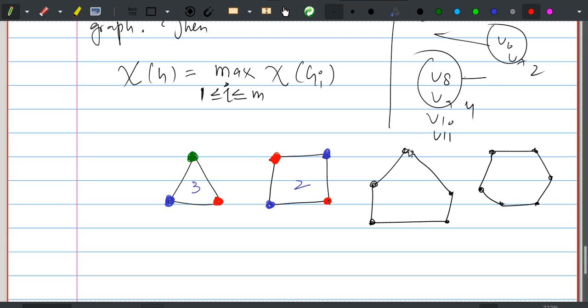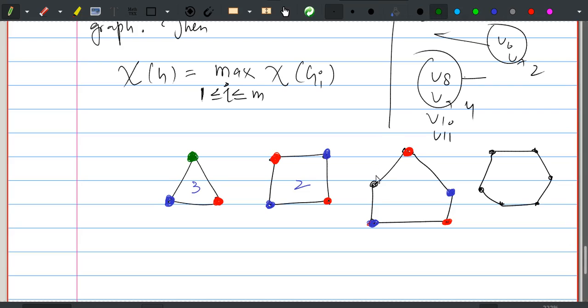Now let us move to this graph. We can use red here, then blue here and red here, blue here, red here, then again blue. Now we cannot use red because if we paint this vertex with red color, that will not be a coloring that we are interested in, so we have to pick a different color.